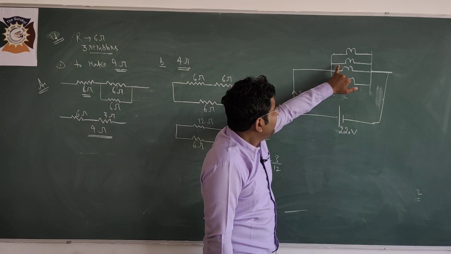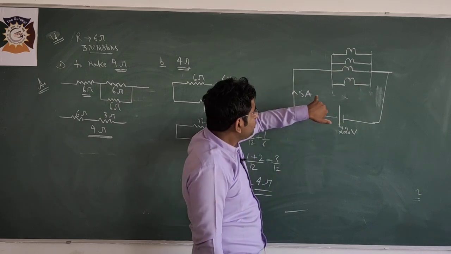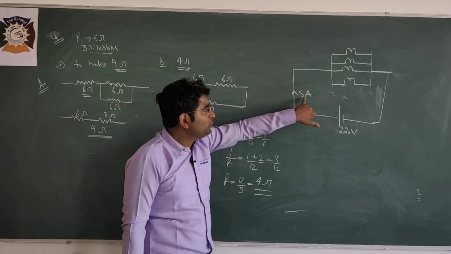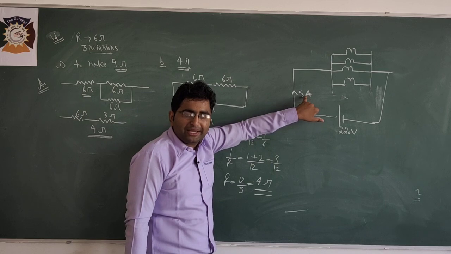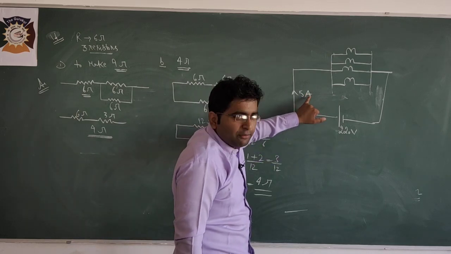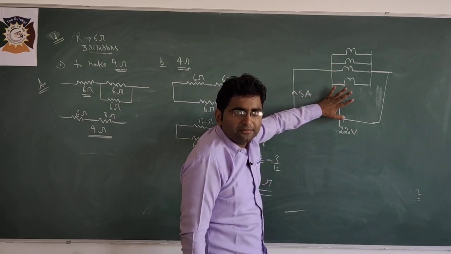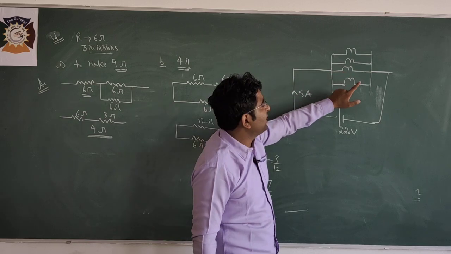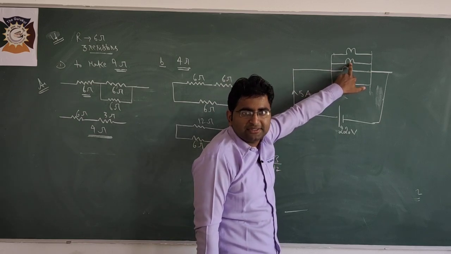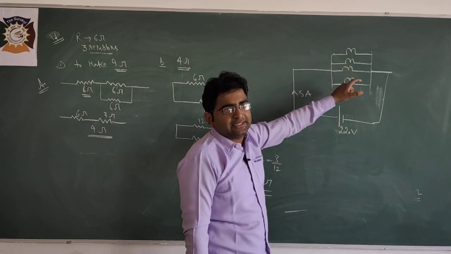If I calculate the current across each bulb, the number of bulbs will be equal to total current divided by current across one bulb, because the 5 ampere in parallel will divide equally. So we will calculate the current across each bulb and divide the total current by that current.